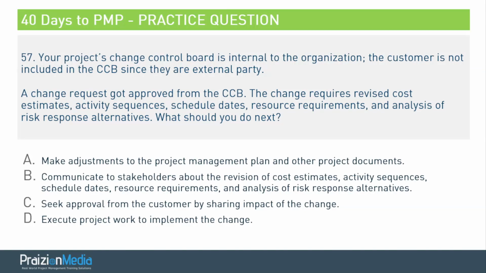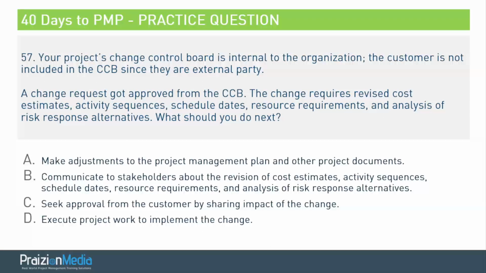So taking a look at the answers given, make adjustments to the project management plan and other project documents, communicate to stakeholders about the revision, seek approval from the customer by sharing the impact of the change, or execute project work to implement the change. So taking a look at all the options, they're pretty much the same. A, B, and D are all about taking immediate action without involving the stakeholder, in other words, the customer and the sponsor, right?